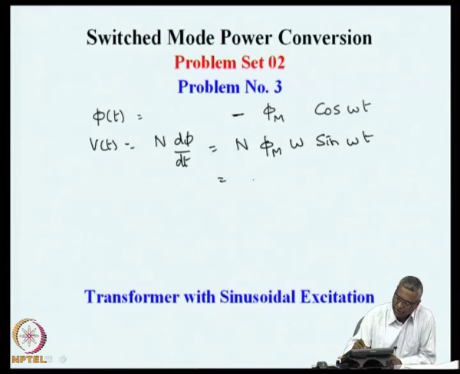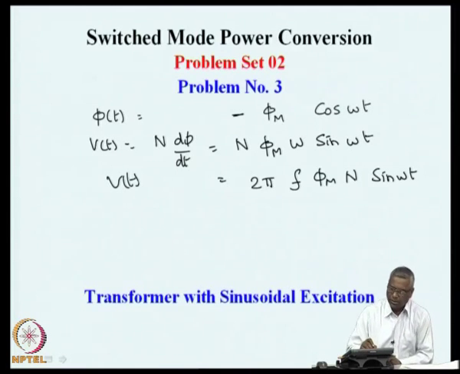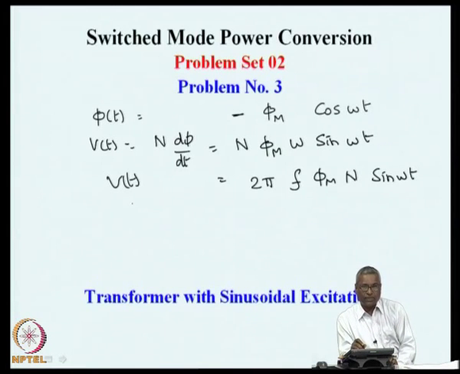This can be written as 2 pi f phi m n sin omega t. So, if the flux is a sinusoidal waveform, the voltage is also a sinusoidal waveform, but with a phase difference. Flux is a minus cosine waveform, and voltage is a sine waveform.